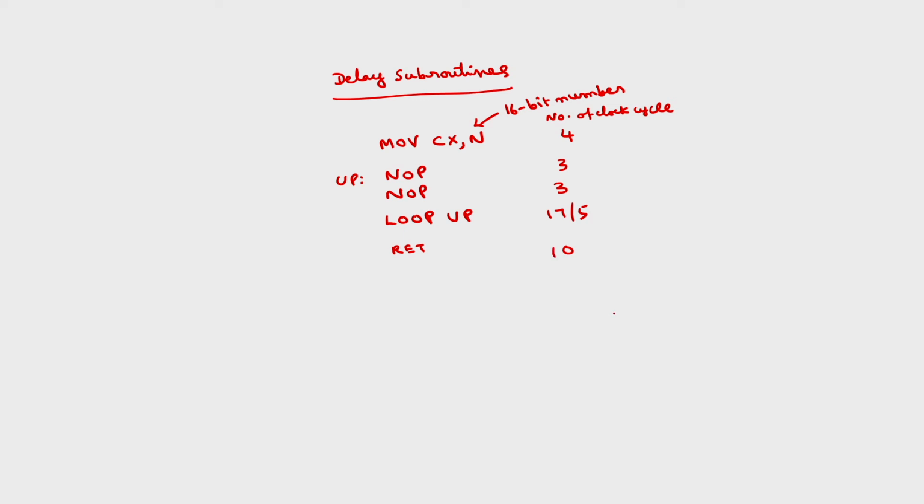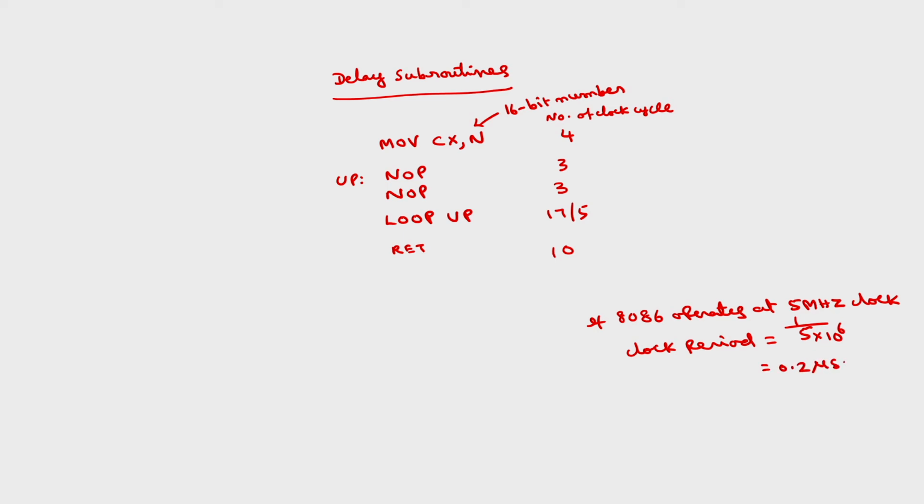So the 8086 can operate at 3 different frequencies. If I use that, 8086 operates at 5 megahertz clock. So what is the period of each clock period? It is equal to 1 by 5 into 10 to the power of 6, which is nothing but 0.2 microseconds.